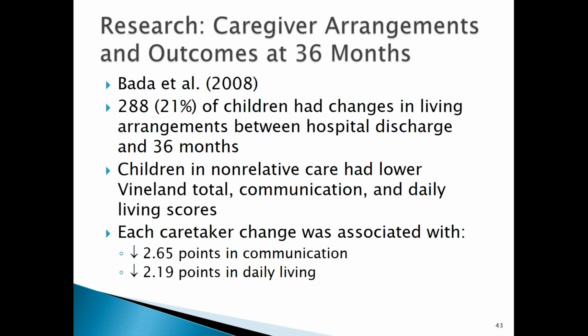And that children in non-relative care had lower communication and daily living scores than those in relative care, and that each caretaker change the child experienced was associated with a more than 2-point reduction in communication and daily living scores. So that's something to keep in mind, that this disruption in caretakers can have an impact on the child.